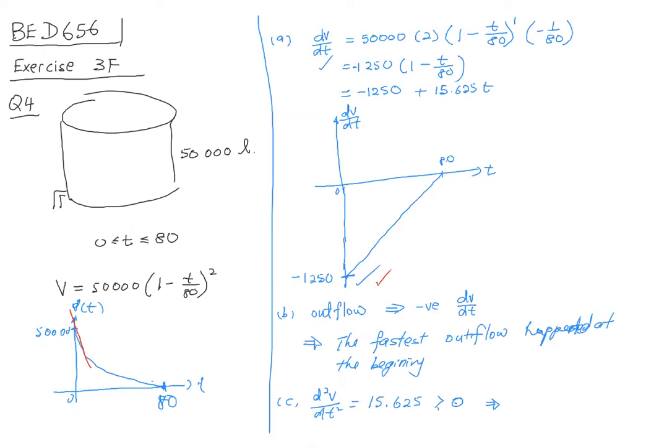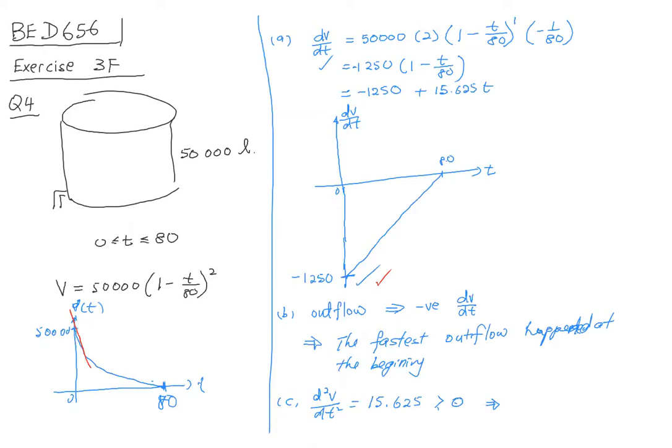Oh, does it mean that the outflow stays the same? No, the outflow is not the same. Same in what sense? In the rate? Miss, can we say increasing at a constant rate? No, you cannot say increasing at a constant rate. The outflow, how can it be increasing at a constant rate?